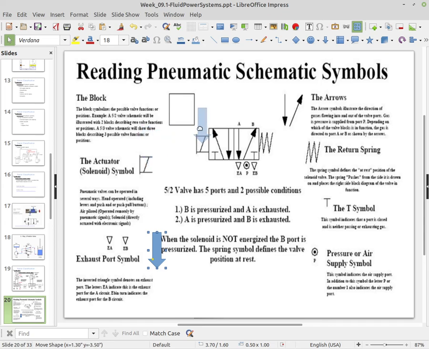So here's our solenoid. When the solenoid is energized, this is pushed over to the right.